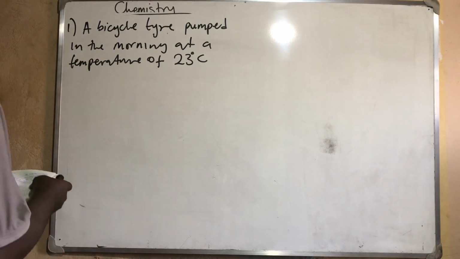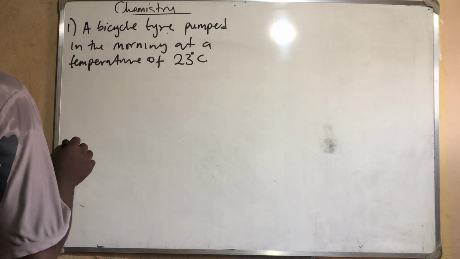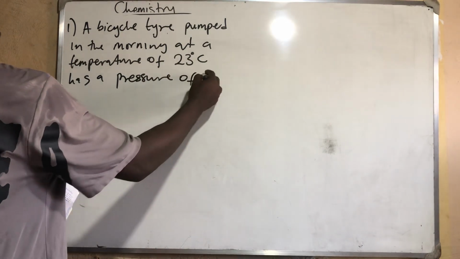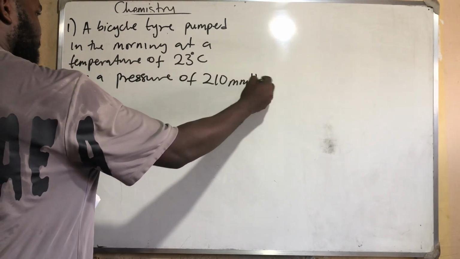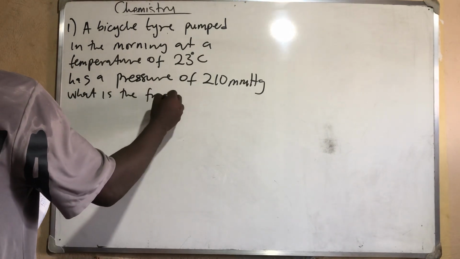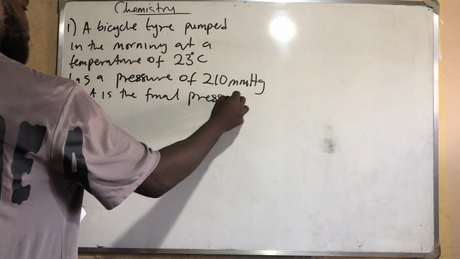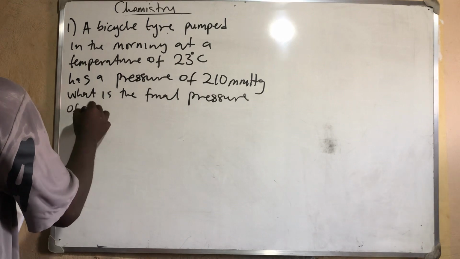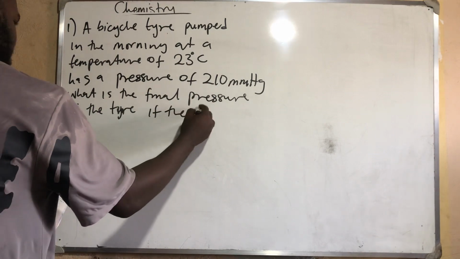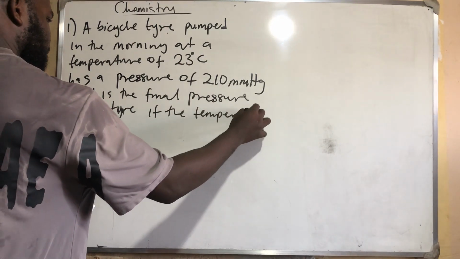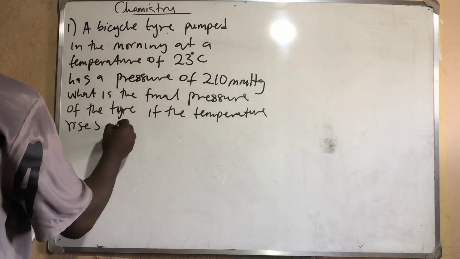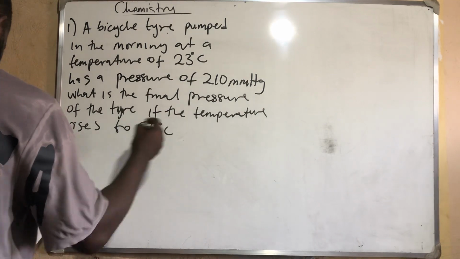So that is it. So they now said a tire at 23 degrees Celsius has a pressure of 210 millimeter mercury. Then I say what is the final pressure of the tire if the temperature rises to 54 degrees Celsius?